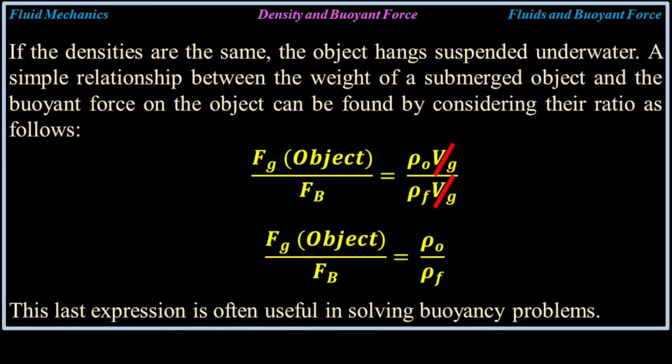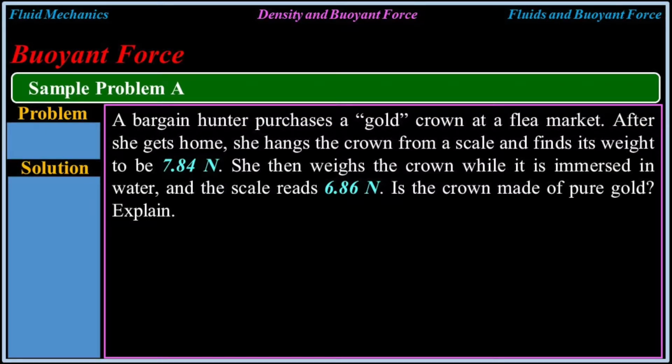A simple relationship between the weight of a submerged object and the buoyant force on the object can be found by considering their ratio as follows. I'm listing that there. You can please study it carefully. This last expression is often used in solving buoyancy problems.